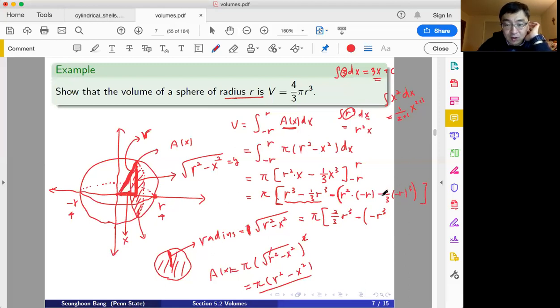Take out negative one. Negative times negative is positive. So 1/3 r cubed. This is same to pi times 2/3 r cubed minus the negative r cubed plus 1/3 r cubed is negative 2/3 r cubed.